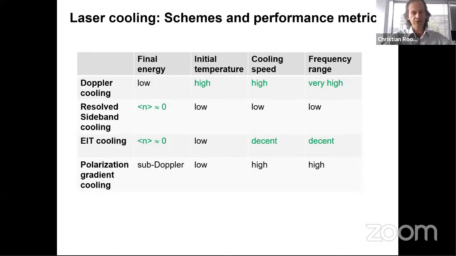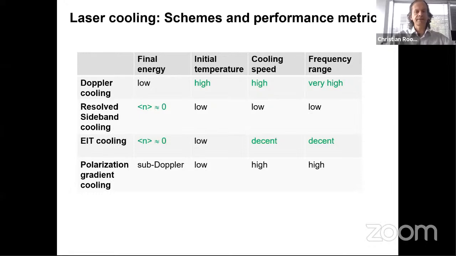Because as you have seen, these collective motional modes occur over fairly different frequencies. And which are laser cooling schemes that are good and bad in this respect? Doppler cooling is well suited for cooling ions that are initially hot. It has a high cooling speed, and also the frequency range is very high.